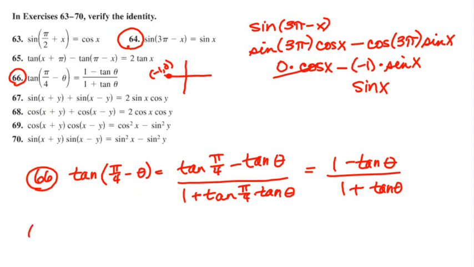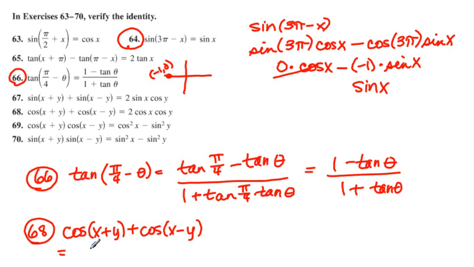I'll do one more. Let's do number 68. If you want to start with that, cosine of x plus y plus cosine of x minus y, show that we get 2 cosine x cosine y. We could do that. So cosine of x plus y is cosine x cosine y minus sine x sine y.